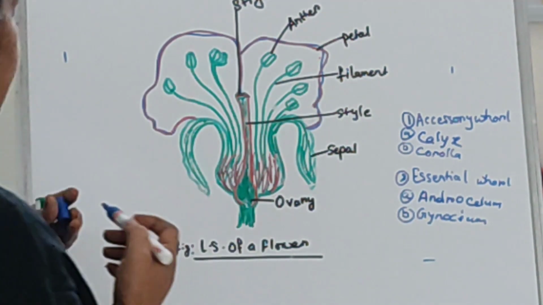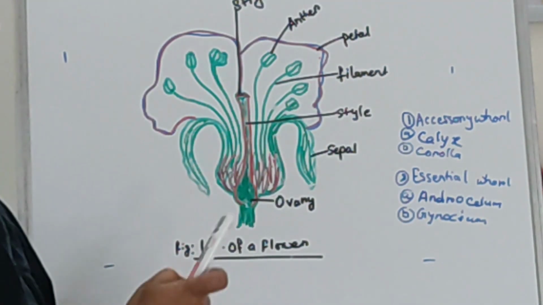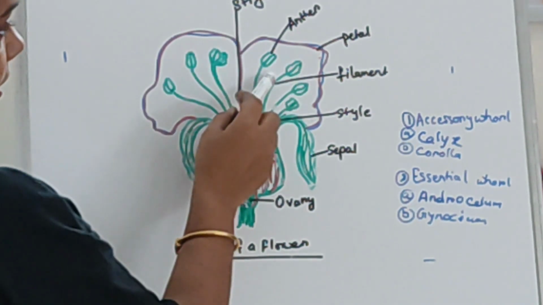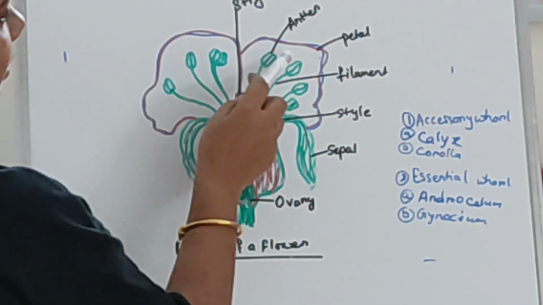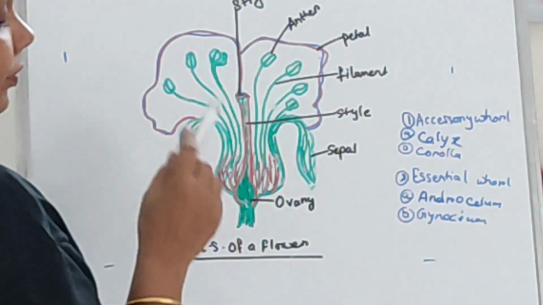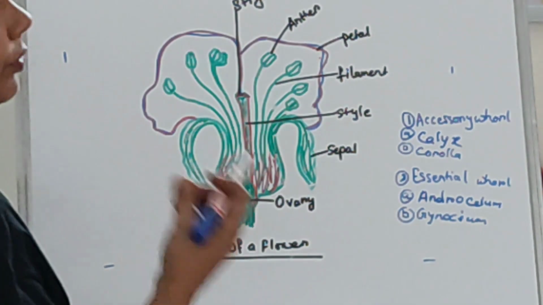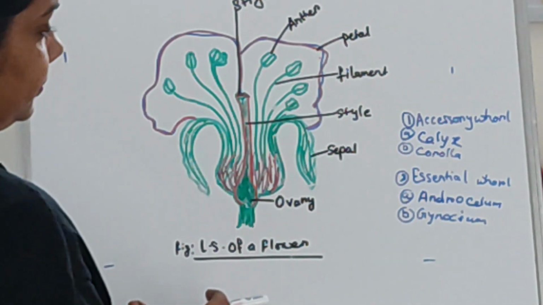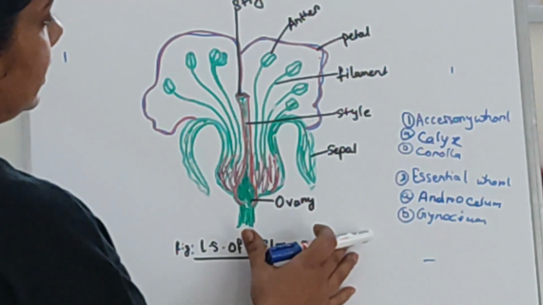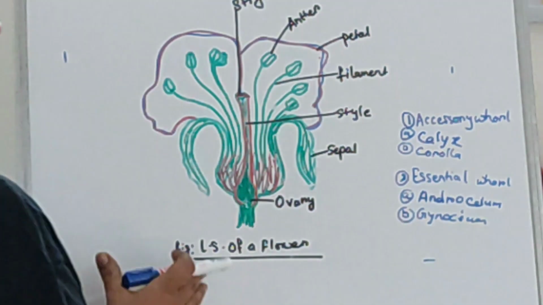So why is it called the essential whorl of a flower? Because the gynoecium and androecium, the female gamete and the male gamete, both take part in reproduction, due to which you can see the formation of seeds and fruits. That's why the flower is called the reproductive organ.